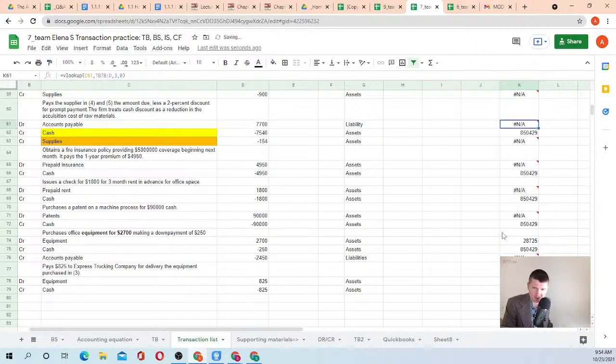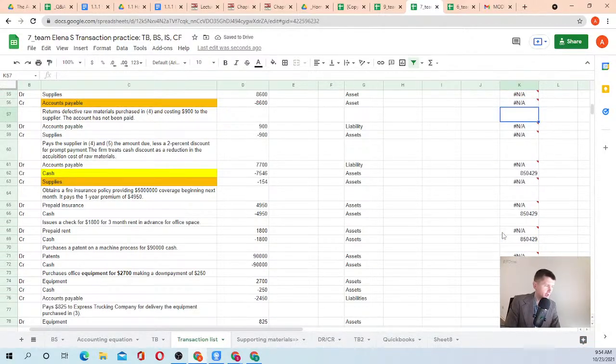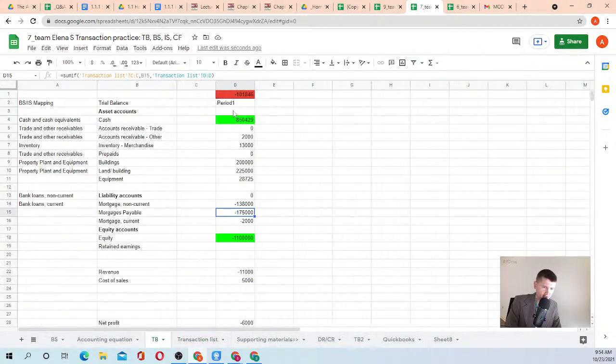So all of these need to be fixed, and we will do that in one of our later practice sessions. And one of our future homeworks will be maintaining your trial balance so that it matches.